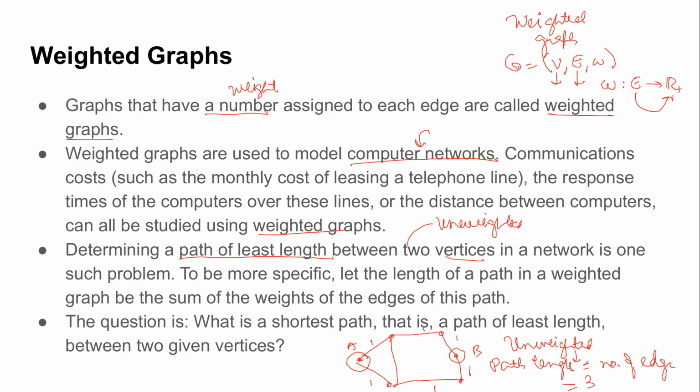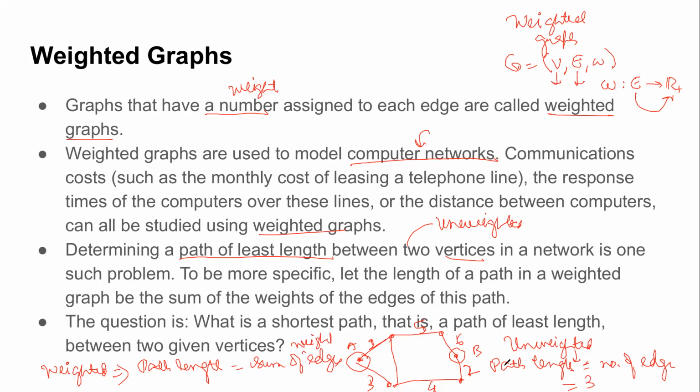But now suppose I assign weights to it. Then what is the path length equal to? Is it equal to the number of edges traversed or something else in the weighted scenario? Exactly. It is the sum of the weights of the edges traversed.